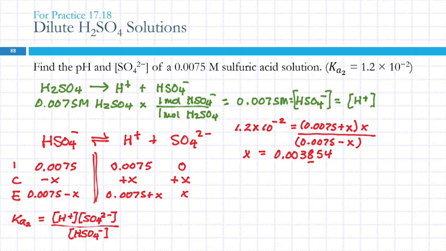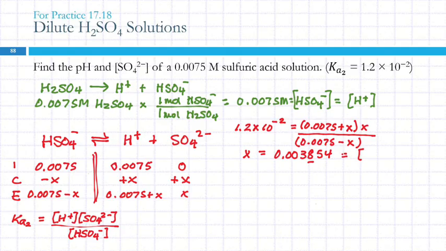So, X, in other examples, X has always been directly related to all the answers, right? And so we might be tempted to say, oh, well, X is the hydrogen ion concentration. No, it isn't. The hydrogen ion concentration is 0.0075 plus X. What we found here, that's the sulfate ion concentration.